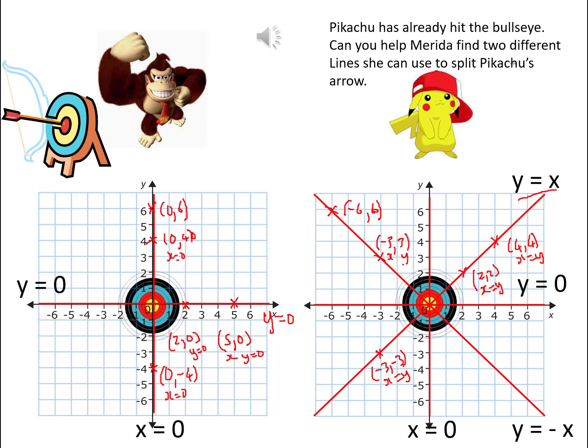So x, y, x, y. And can you see y is 6, but x is a negative value of 6, so x is minus 6. Y is 3, so x is minus 3. And that's why that line is called y equals minus x.